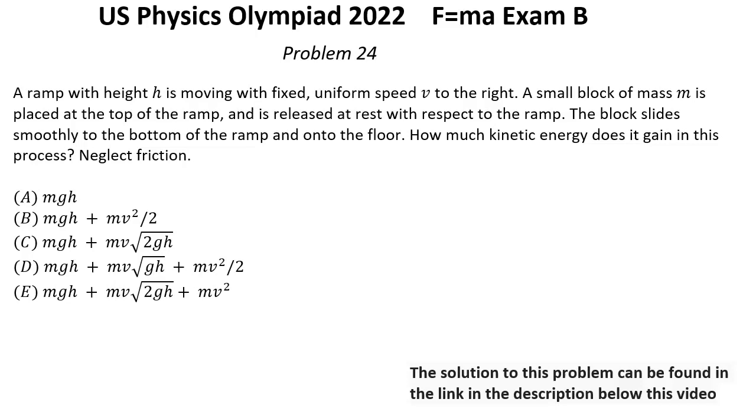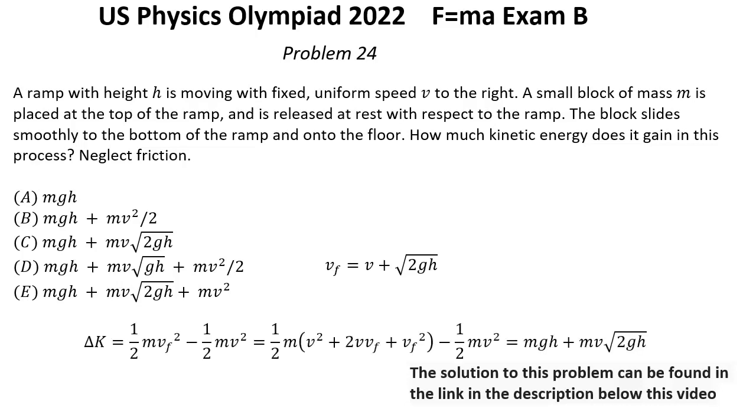If the block reaches the bottom of this ramp, it has a relative speed to the ramp of square root of 2gh. It means that the absolute speed will be v final equals v plus square root of 2gh. And now we can count the kinetic energy difference for this block.